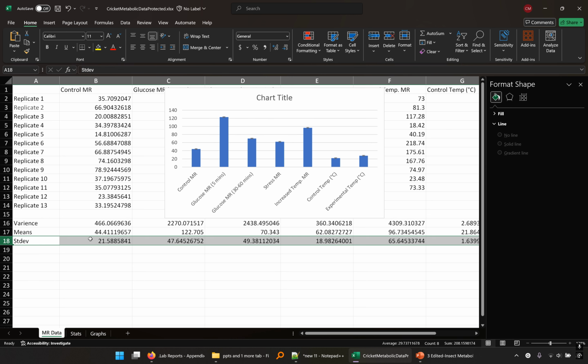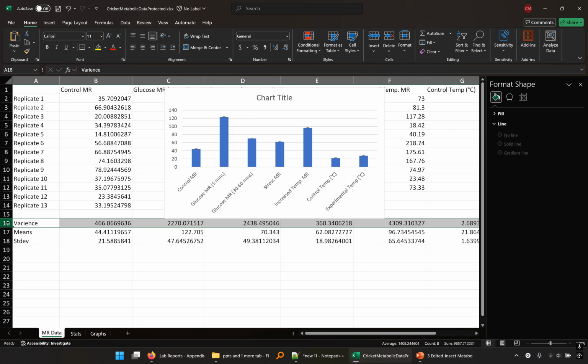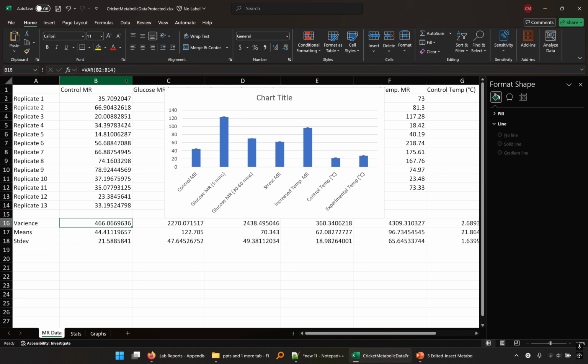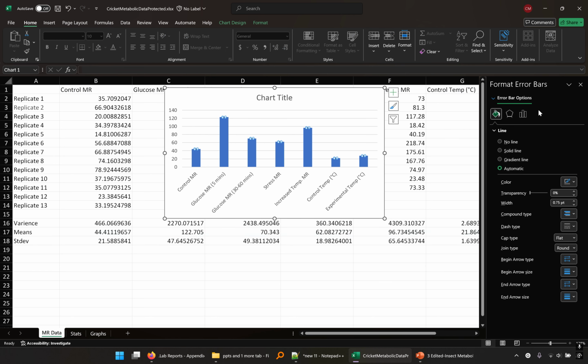Whenever you want to calculate the standard deviation, you would type in STDEV, select the values in the same way, and then go across. This variance, we're not using it for these, so you wouldn't really need to calculate them, but you can see in here it's var. So let me get to these error bars.